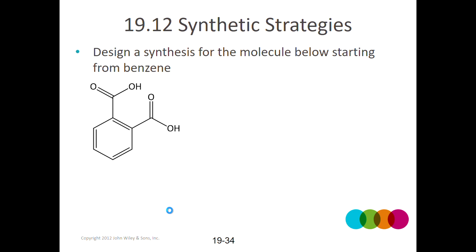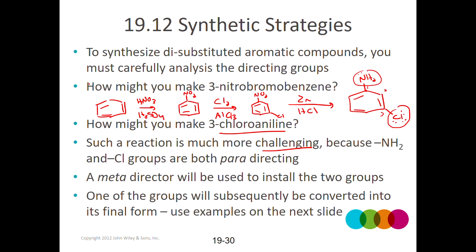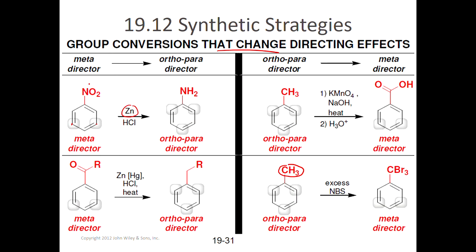All right, what if I wanted to synthesize this structure? Well, how do I get a carboxylic acid group on a ring? The only reaction we've seen recently that allows you to do that is this one here. So if I start with a methyl group or other R group that has at least one hydrogen bonded to the carbon directly attached to the ring, I can use potassium permanganate to convert that into a carboxylic acid.